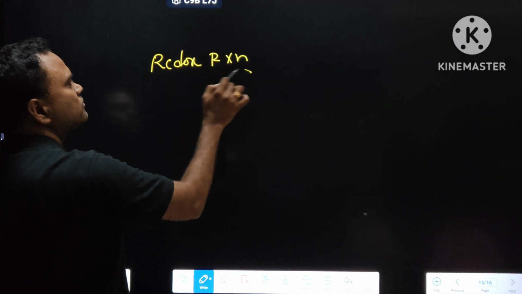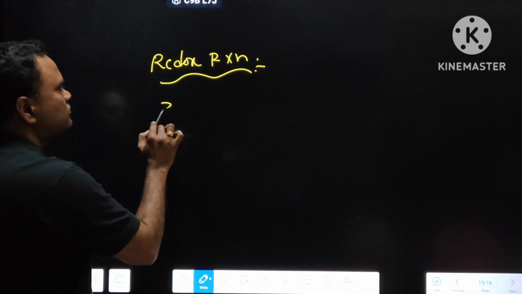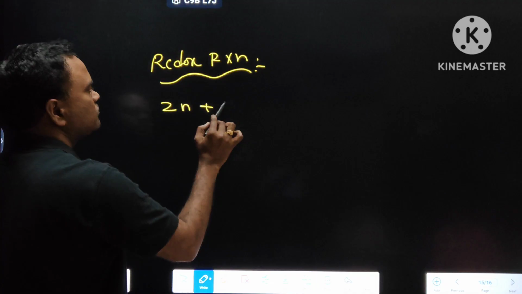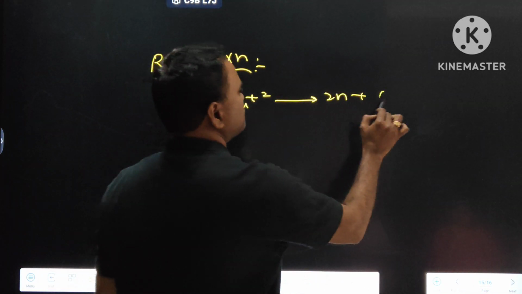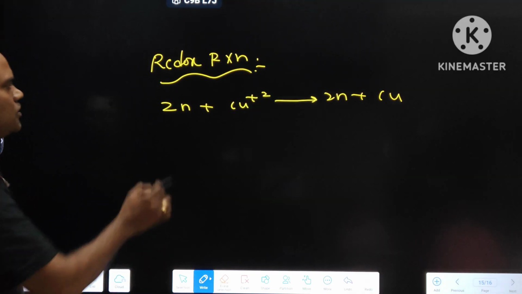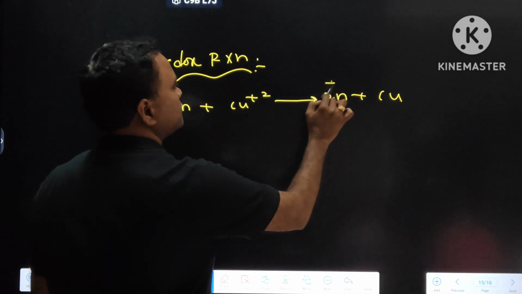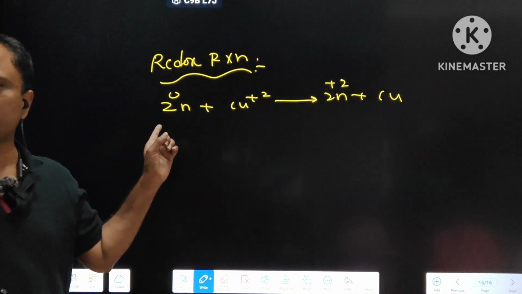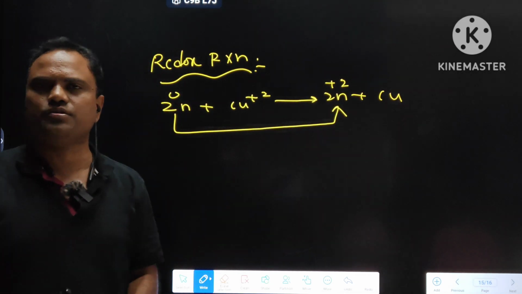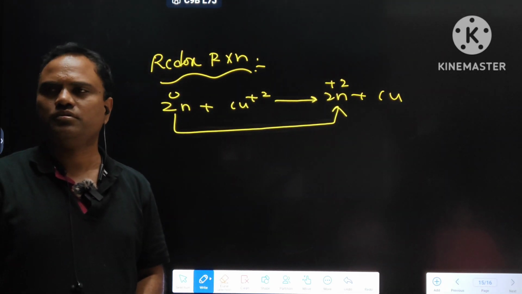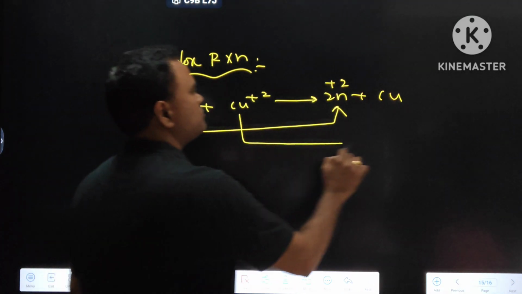Redox reaction. See, zinc is 0. Sorry. Zinc is 0. 0 to +2. Increase or decrease? Increase. +2 to 0.